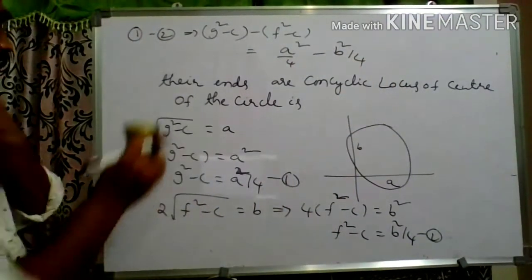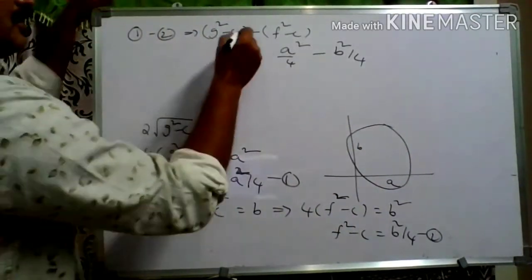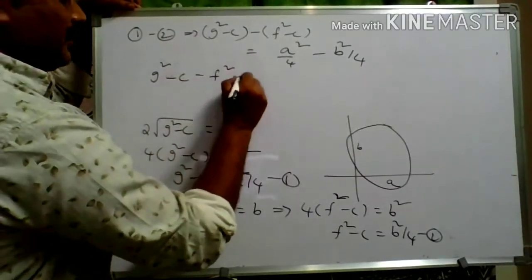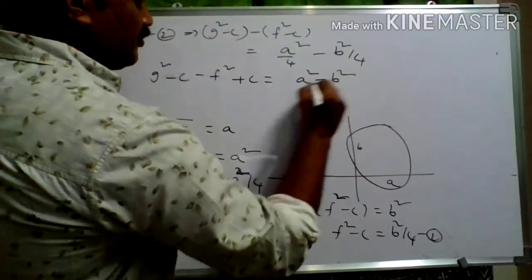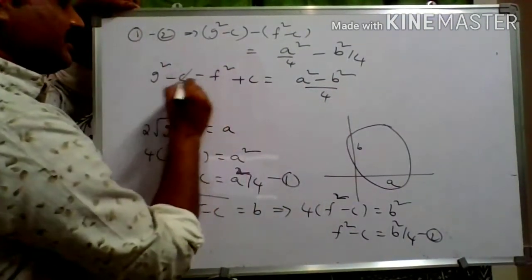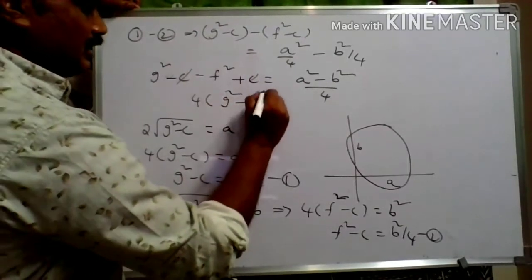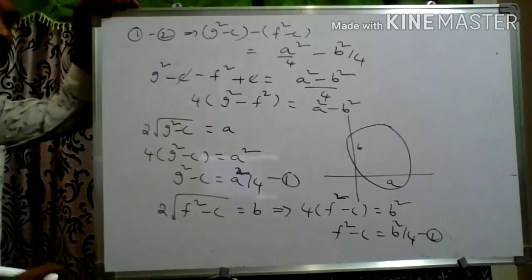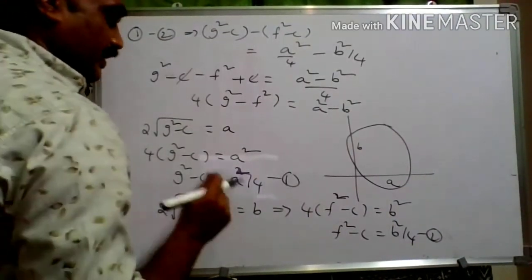So g square minus c minus f square plus c is equal to a square minus b square by 4. Minus c and plus c get cancelled. So 4 into g square minus f square is equal to a square minus b square.